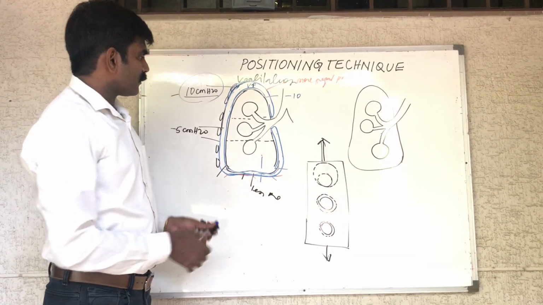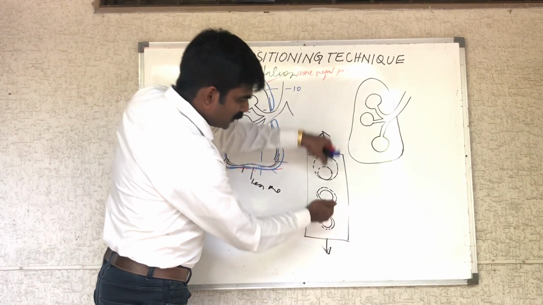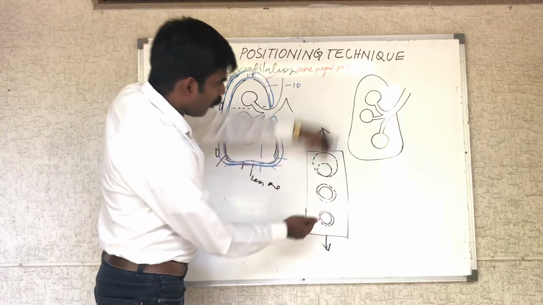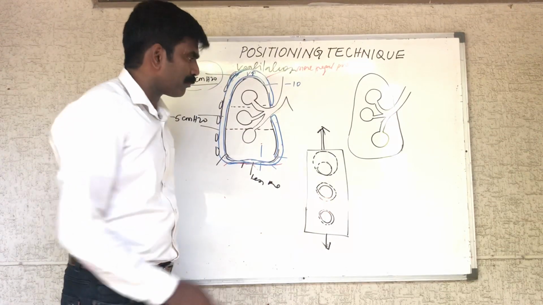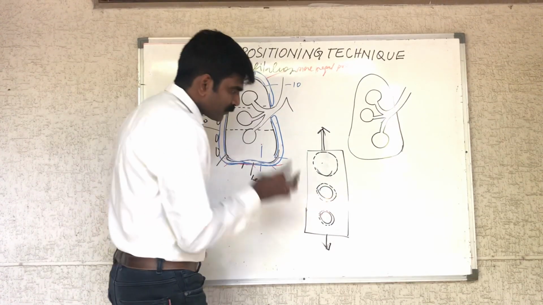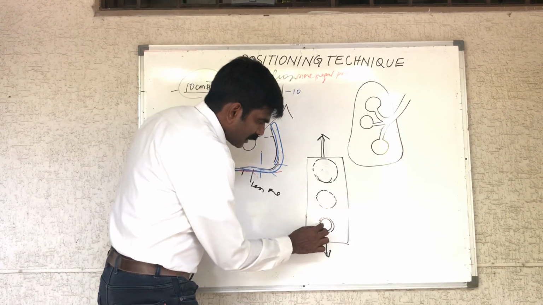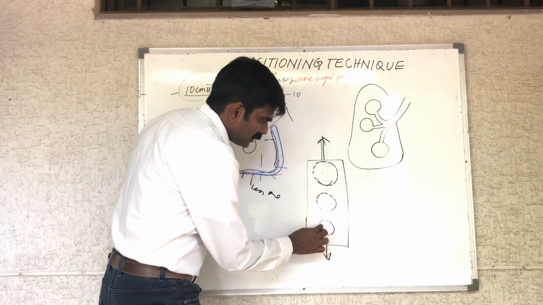Again I will explain. If you take this rubber sheet and pull it more here and less here, what will happen? This alveoli or this hole size will become large, this hole size will become medium, and this size will become small.